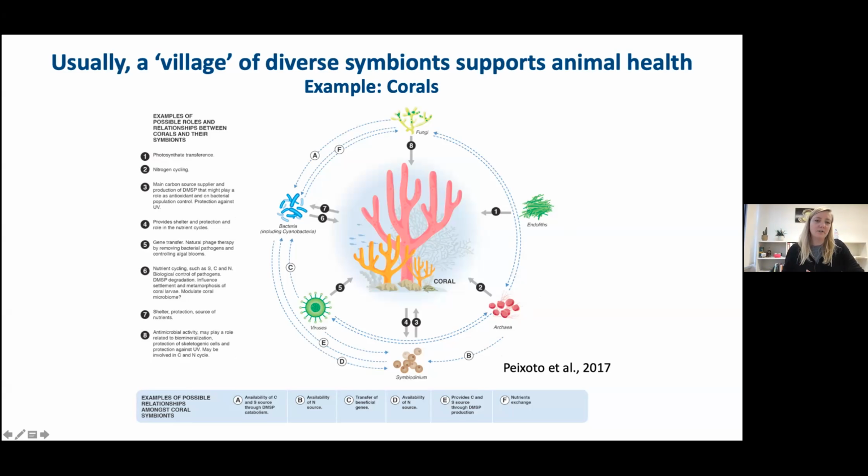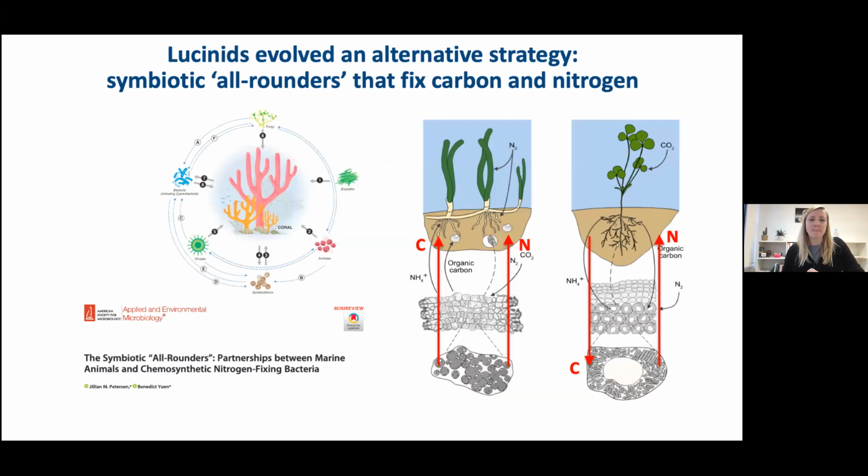In the example of corals, you've got the photosynthetic symbionts that provide carbon, and you've got other symbionts such as bacteria that provide nitrogen. So this is partitioned into different members of the symbiotic community. And the leucinids are interesting because they've evolved a different strategy.